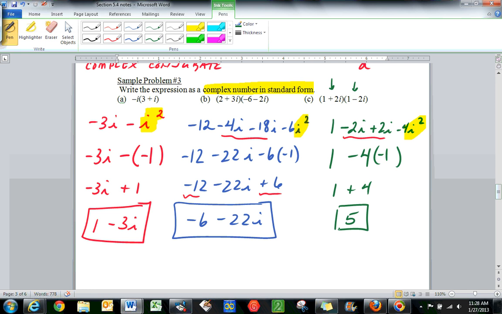And this is written in standard form for a complex number, even though it's just the real portion. Okay, very good. Those are complex number operations. So hopefully you should be comfortable doing that, since most of those operations act just like a variable of x or y, with the added portion of i squared equaling -1. Okay, very good.